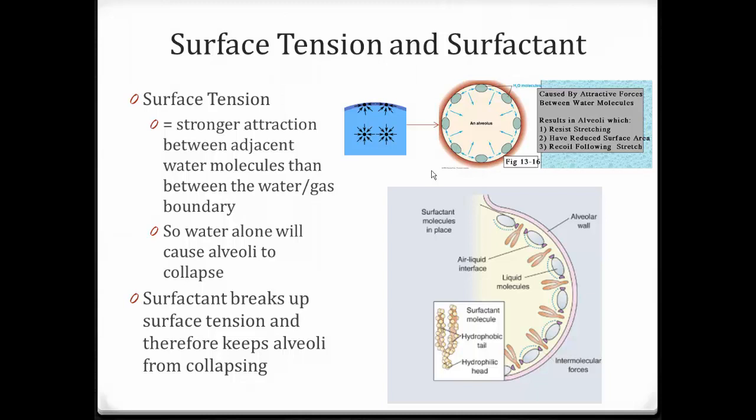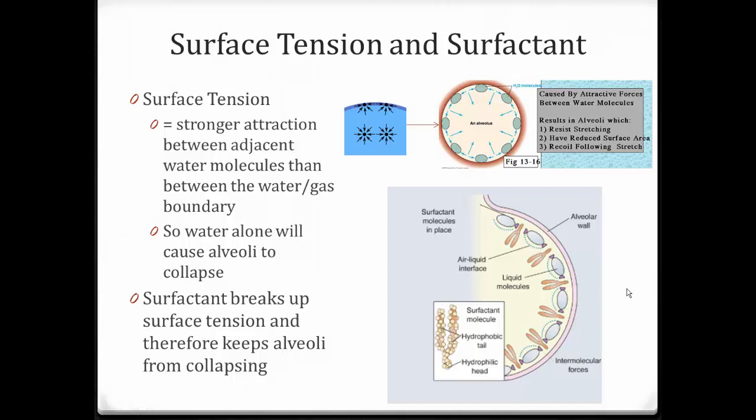So we have a substance called surfactant. And surfactant is basically like a detergent. It actually looks very much like phospholipids, and it basically breaks up the surface tension, so that having this surfactant molecule mixed in with the watery layer on the inside of the alveoli means that the only tension you get from surface tension is between those molecules, and that's just too small to allow the lungs to collapse.